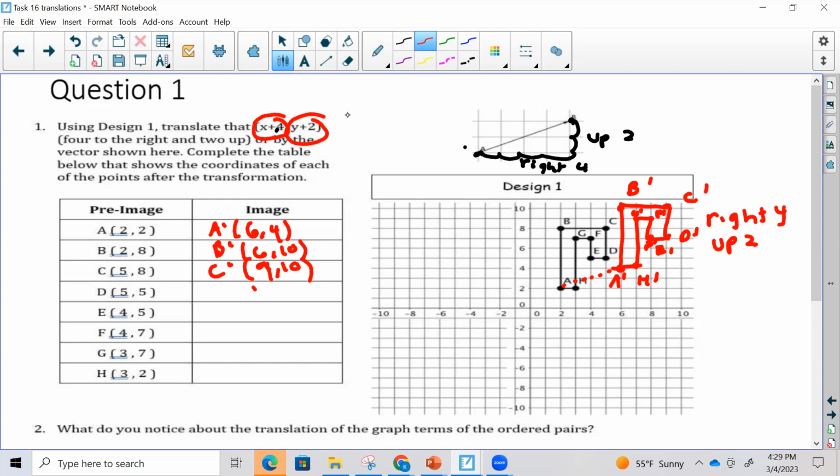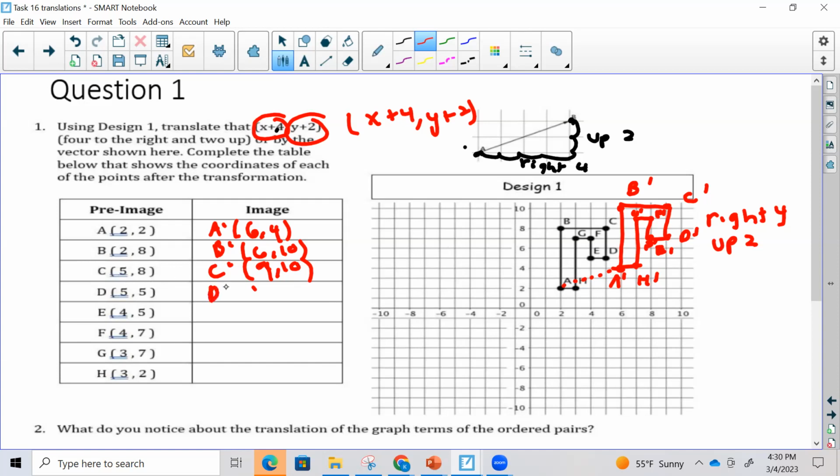And so for each point, if I didn't want to graph it, I'm taking this X value and adding 4, and then taking this Y value and adding 2. So like here we did 2 plus 4 is 6 and 8 plus 2 is 10. Here we did 5 plus 4 is 9, 8 plus 2 is 10. And so that's going to be the same for all of these points.